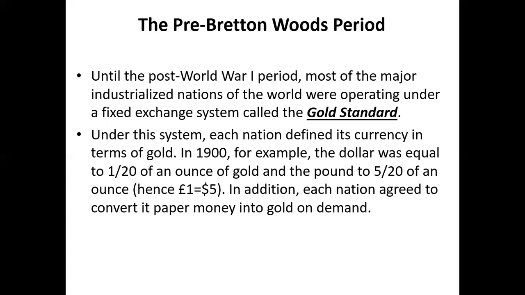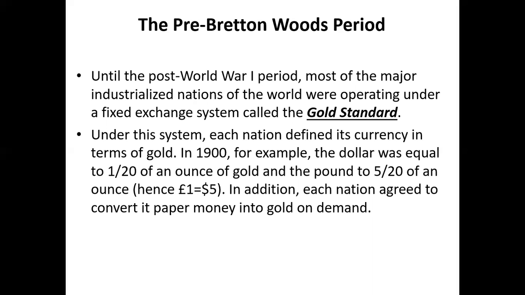The pound value is very high because you will get 5 out of 20 ounce of gold for 1 pound. Whereas for $1, you will get only 1 out of 20 ounce of gold. Therefore, to get 1 pound, you have to spend $5.